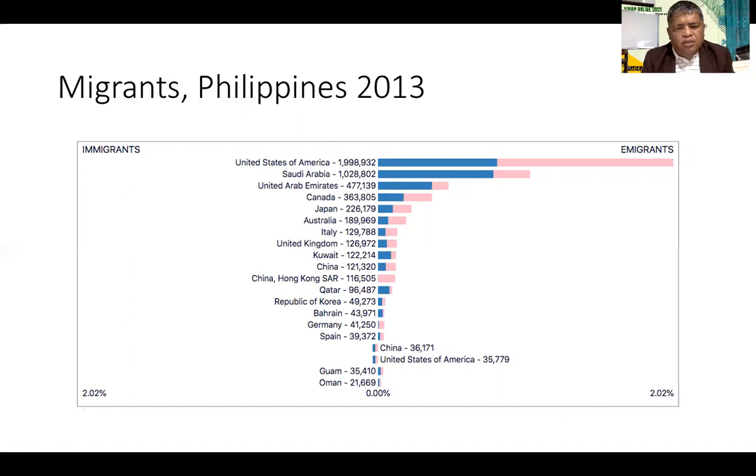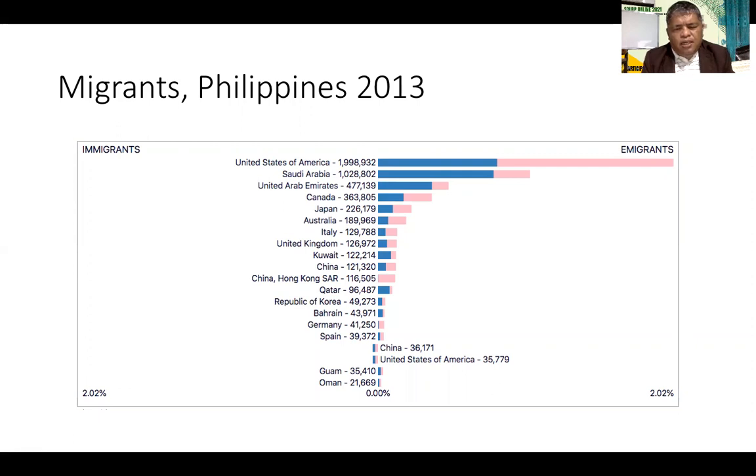In the United States, the number is 1,998,932. The next, Saudi Arabia, has 1,028,802. The next is UAE and Canada, and Japan, Australia, Italy, United Kingdom, Kuwait, China, Hong Kong SAR, and then Qatar, Republic of Korea, Bahrain, Germany, Spain.